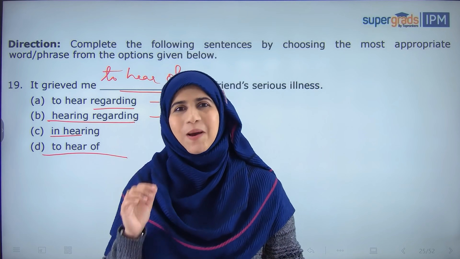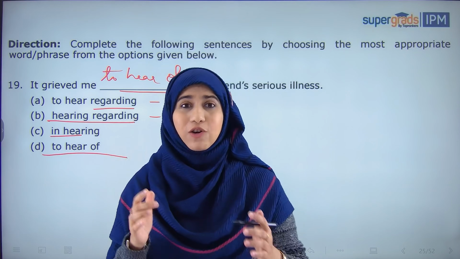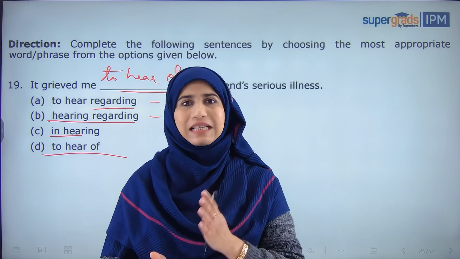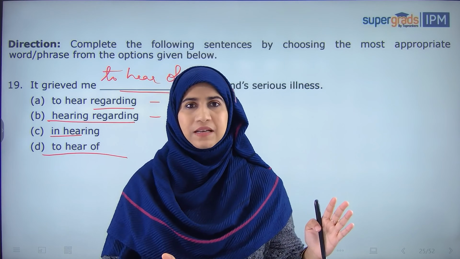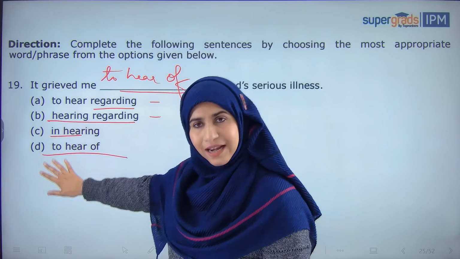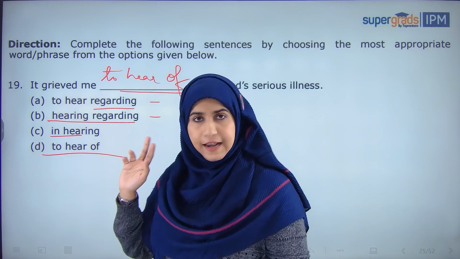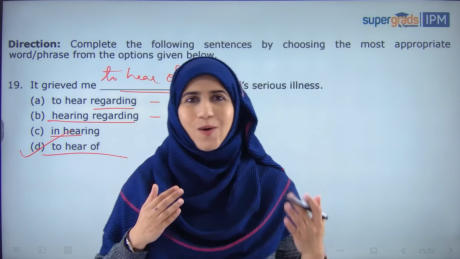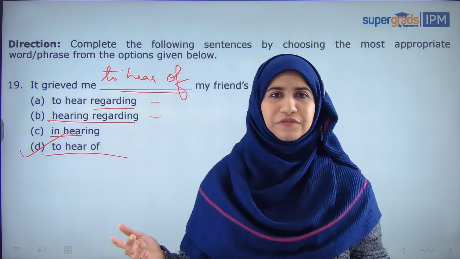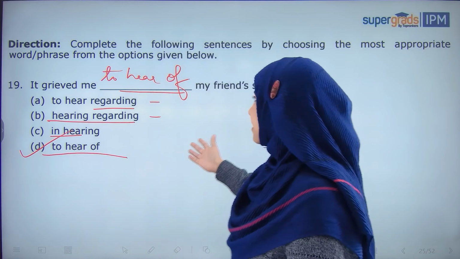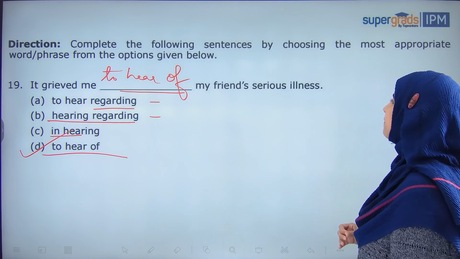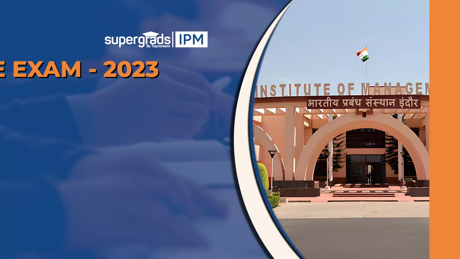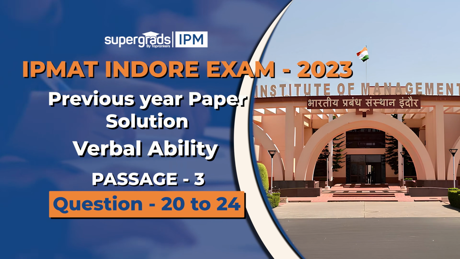But when you have a better choice, to hear of, the standard choice, which is a convention, which is the right expression, so why not go for it? If D were not there, we could have selected A, but D is just so perfect, almost like a collocation. To hear of, to hear about, right? So it grieved me to hear of my friend's serious illness. D delta would be the right answer.